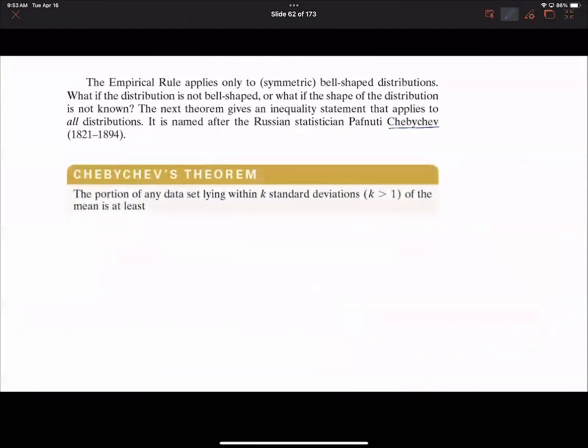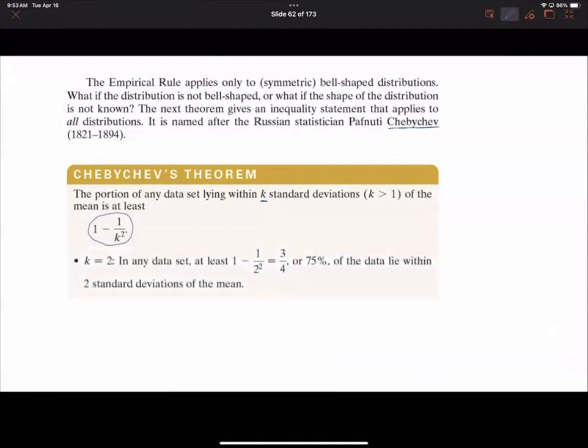Chebyshev's theorem says the portion of any data set lying within K standard deviations of the mean is at least 1 minus 1 over K squared. If K is equal to 2, in any data set, at least 1 minus 1/4, 3/4, or 75% of the data lie within 2 standard deviations of the mean.